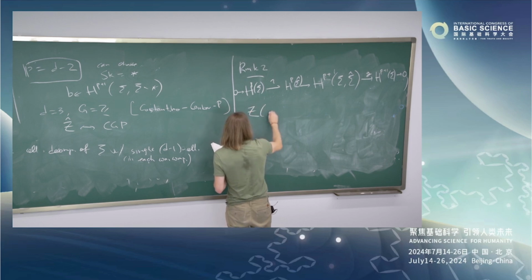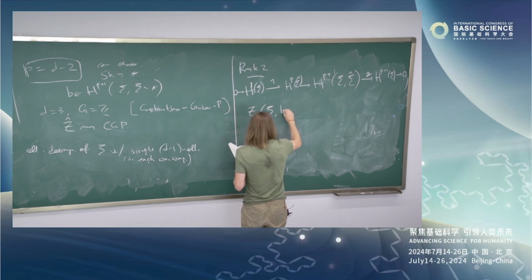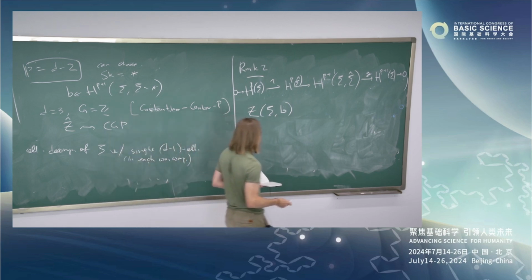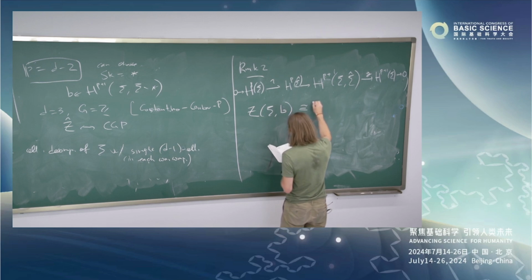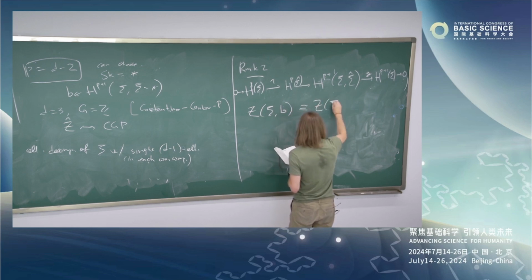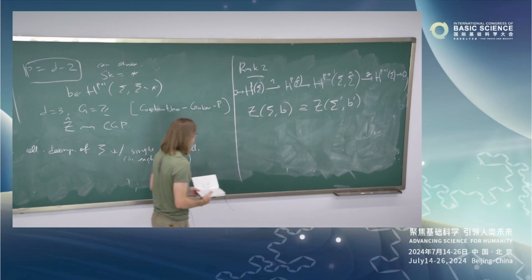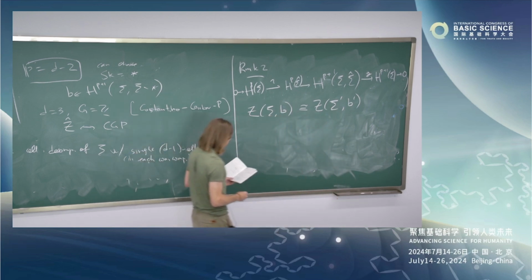One can show that this skeleton is not supposed to carry physical information, so we want some sort of invariance under change of the skeleton. I can make the following statement: we have an isomorphism between two vector spaces.